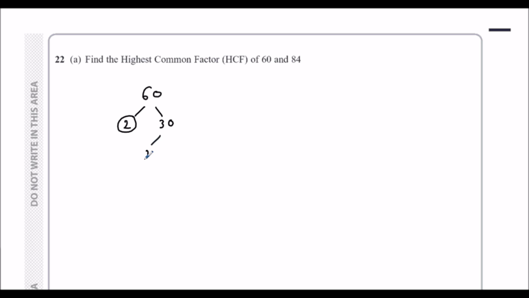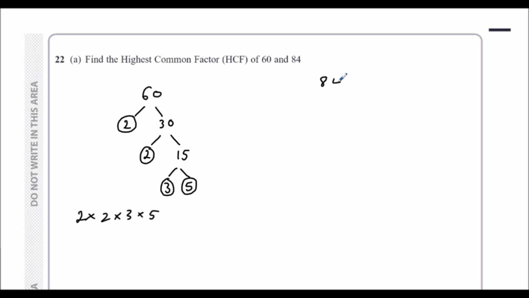So 30 is 2 times 15. 2's prime. 15 I can break down into 3 times 5. So they're all prime numbers now. So I can say 60 is the same as 2 times 2 times 3 times 5.